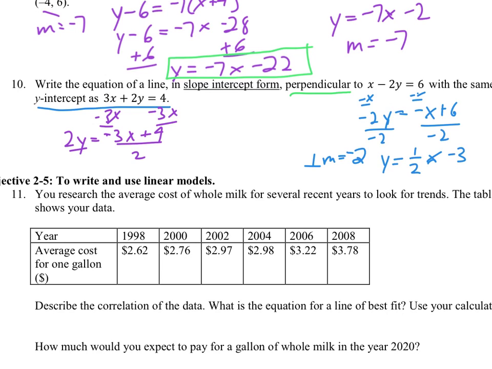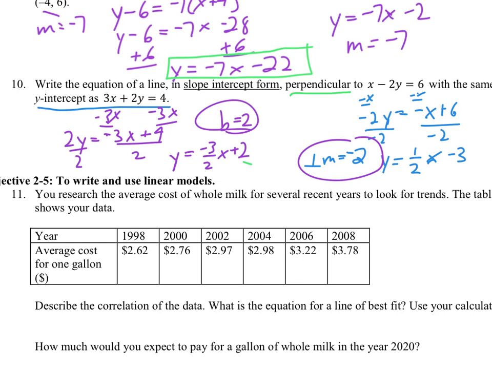And then when we divide by 2, don't forget to divide that 4 by 2. We get negative 3/2 x plus 2, really. So this has a y-intercept of 2. We have a slope of negative 2. So the equation becomes y equals negative 2x plus 2. There we go.